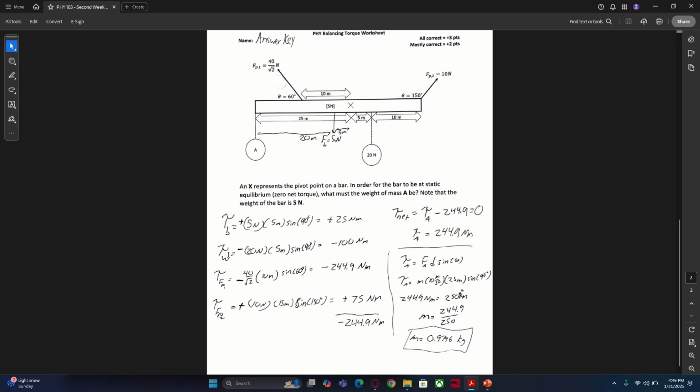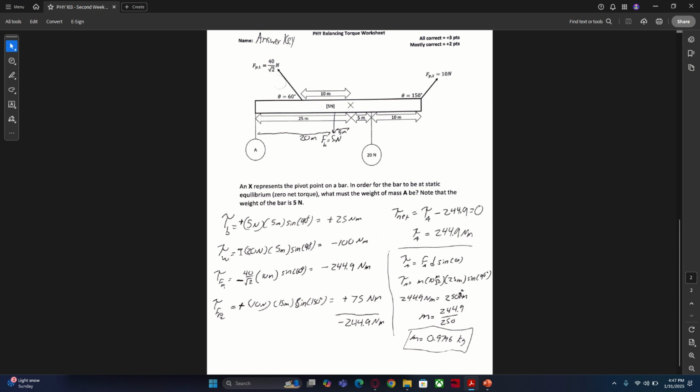Now, torque of our weight. Well, this is going to be our known weight. We know that this weight right here has a weight of 20 newtons. Hence the 20 newtons. We can already see from this arrow in our schematic that this force is 5 meters away from our point of rotation. Hence why there's 5 there. And now this is a vertical force. This is a horizontal bar, so the angle is 90 degrees.